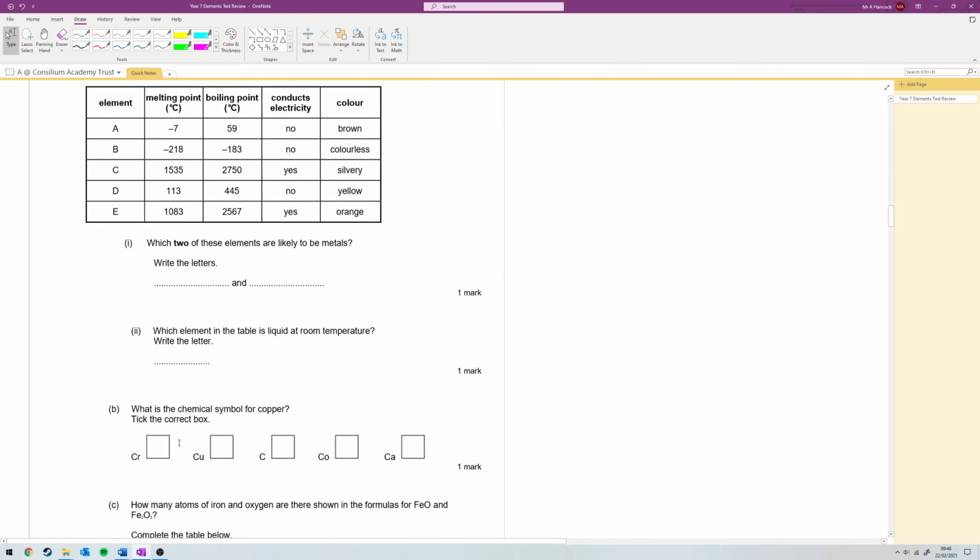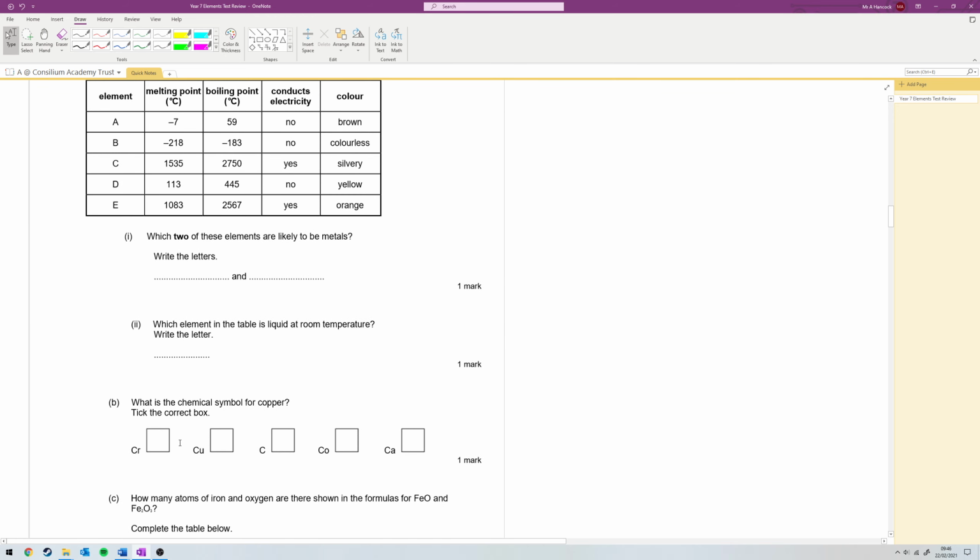Question 3. The table below shows information about 5 elements. Which 2 elements are likely to be metals? Well, the answer is C and E. But let's have a look. Very high melting point, very high boiling point. Very high melting point, very high boiling point. Okay. Conducts electricity.